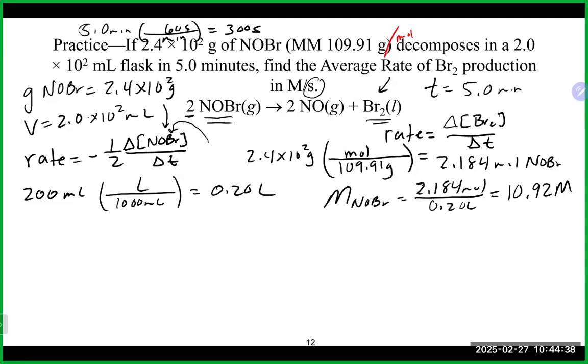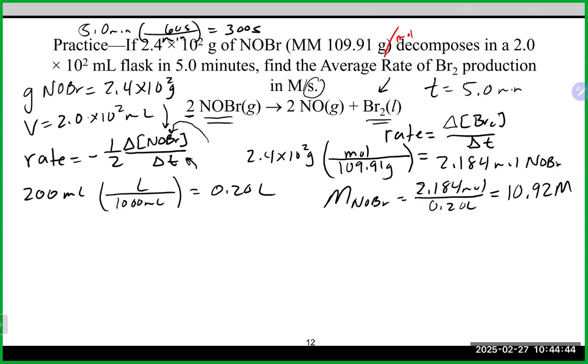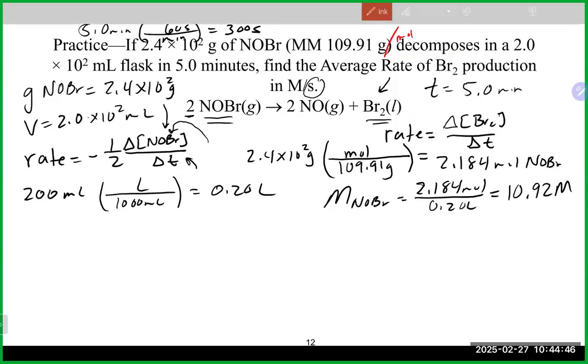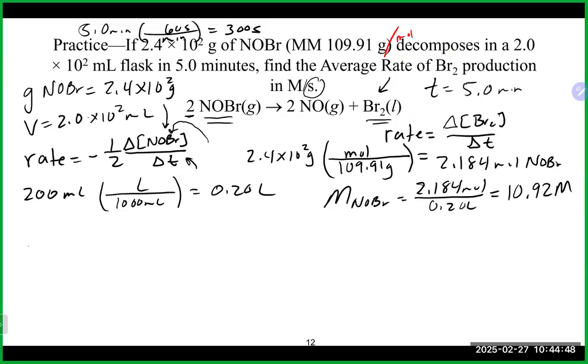So we now have what we need, and we can put it into that expression. If we do that, the rate is equal to negative 1/2 times negative 10.92 molar divided by 300 seconds. By the way, why did I make that negative?